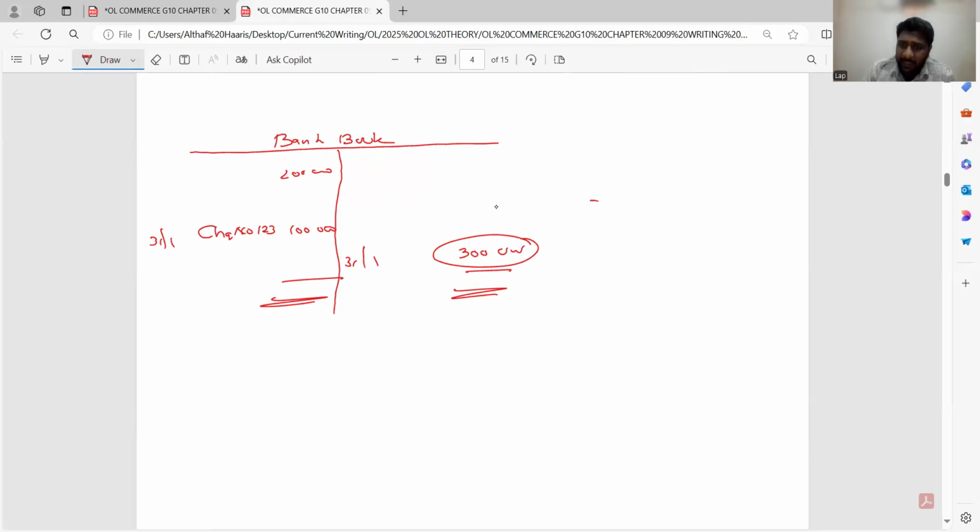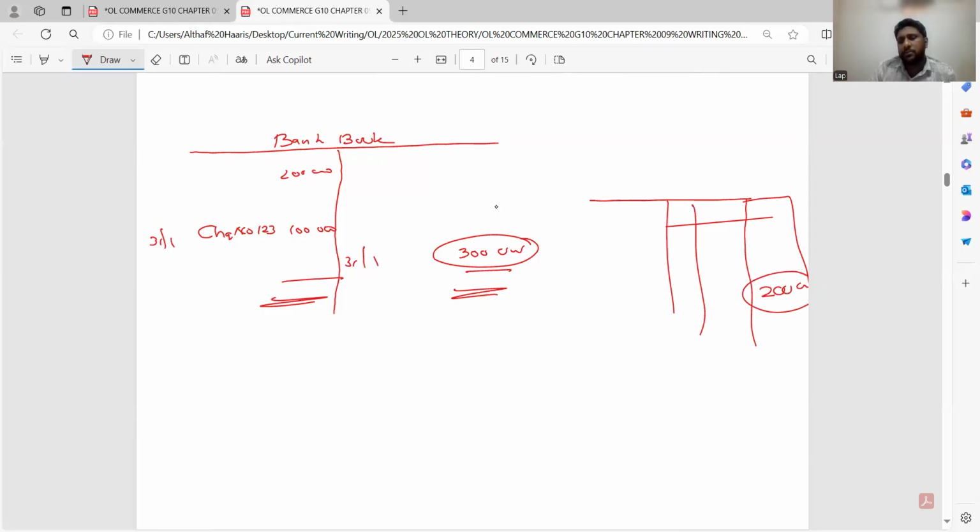Now the bank is sending the statement. In their statement, the balance is only 200,000. This check number 123 is not there.